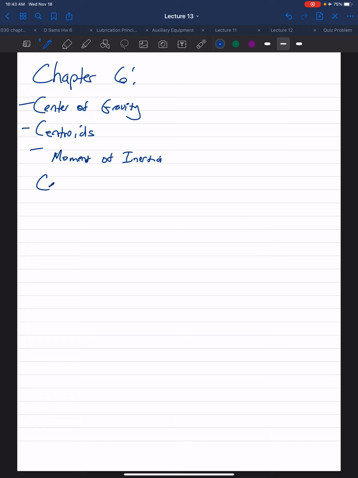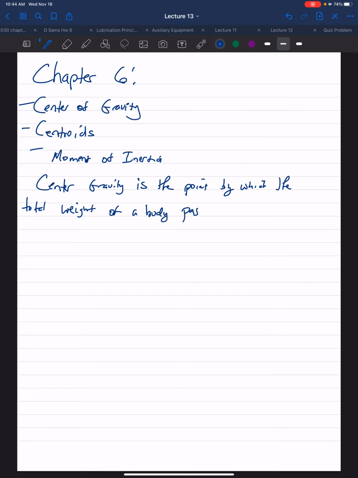So center of gravity is the point through which the total weight of a body passes.